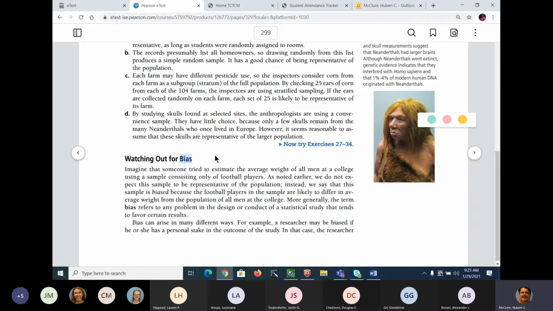Can anybody think of any profession that is non-biased? A doctor? A judge? There you go. I was thinking of a judge, but a doctor has to give you good news and bad news, doesn't he or she?